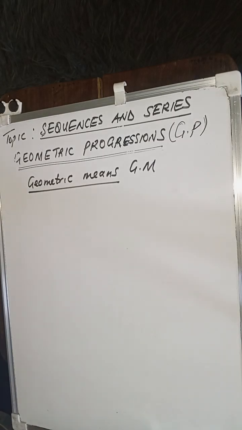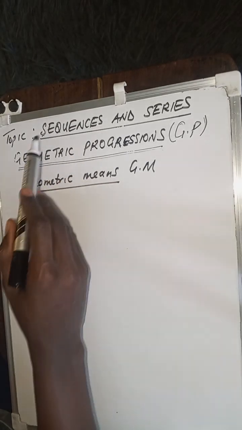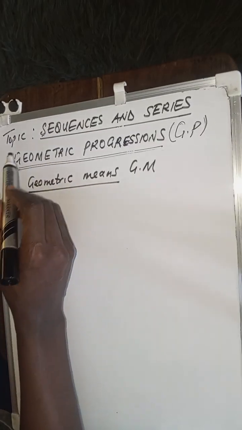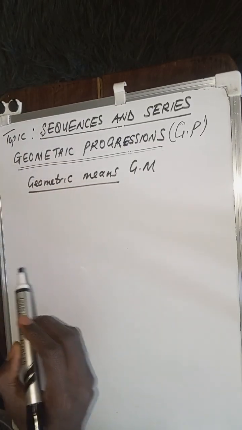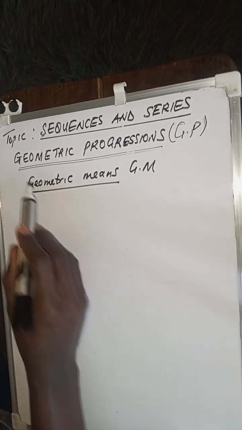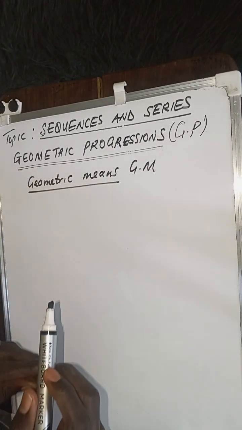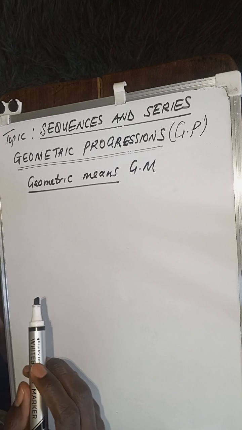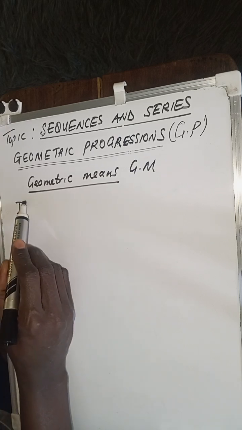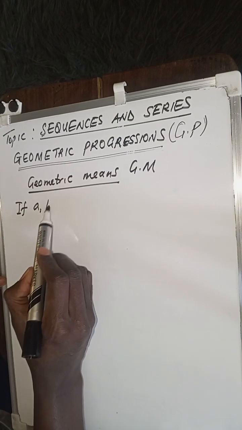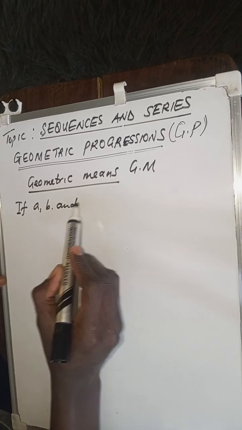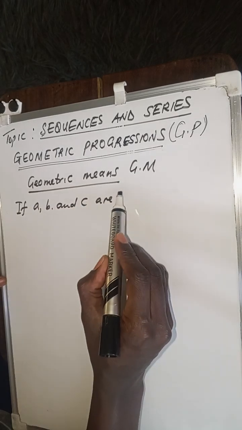So welcome to another segment of my mathematics videos as we continue under sequences and series, specifically under geometric progression, GPs. So I want to show you how to find the geometric mean. Now let's take for example that if A, B, and C are consecutive.